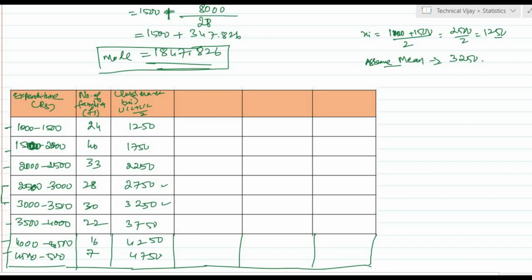The assumed mean is equal to A, which is equal to 3250.